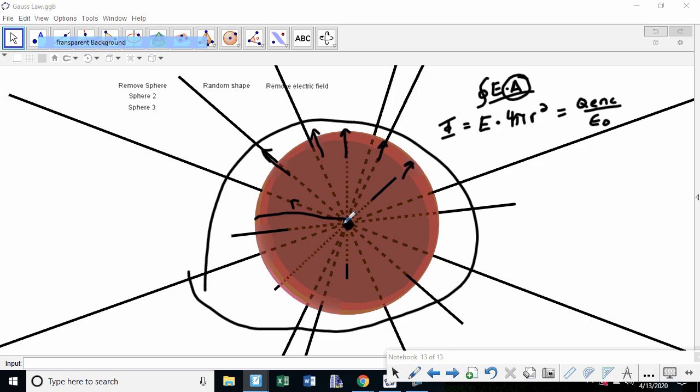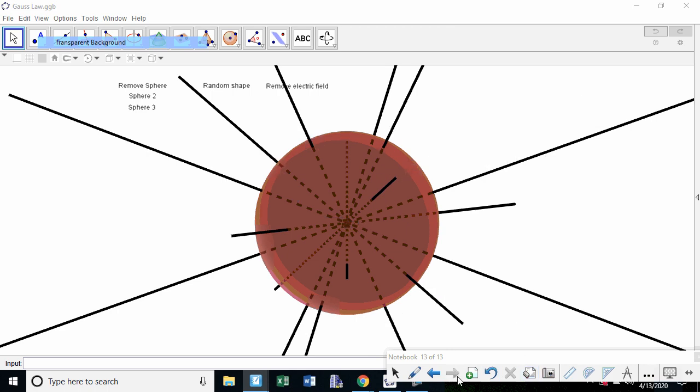Well, I just had this 1 point charge, and it was a charge of Q. So this becomes E times 4 pi r squared is equal to Q over epsilon naught. And that's pretty simple.